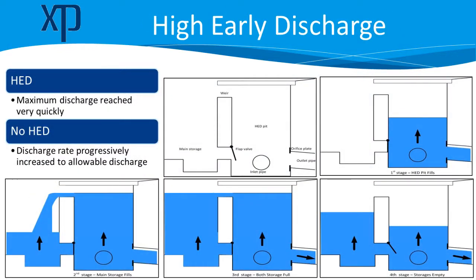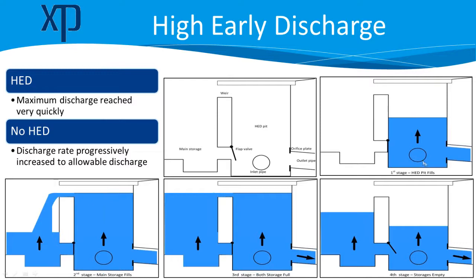So just to come back to the high early discharge option and how it works. These diagrams here show us going from an empty high early discharge chamber to what happens when that actually fills up.